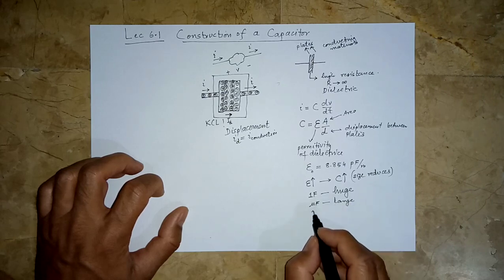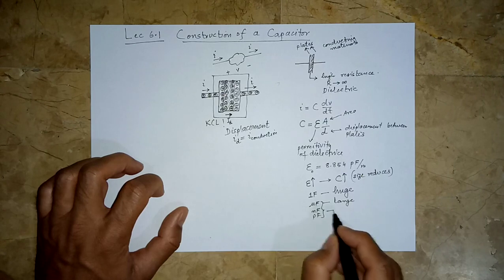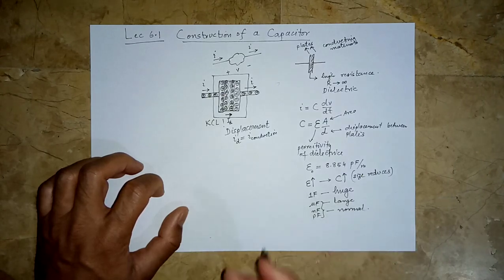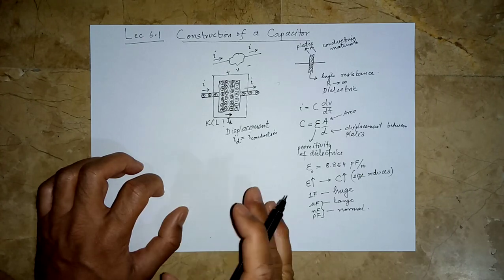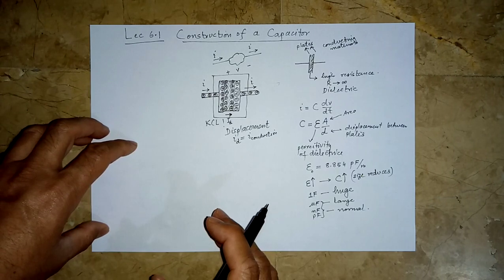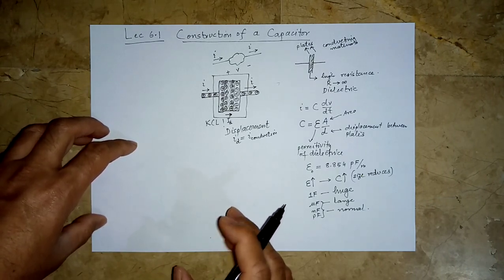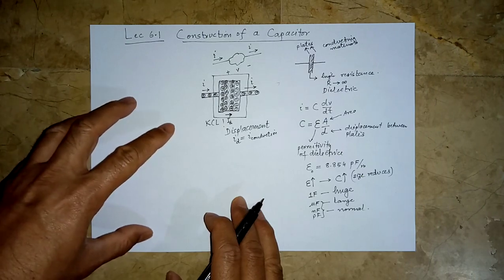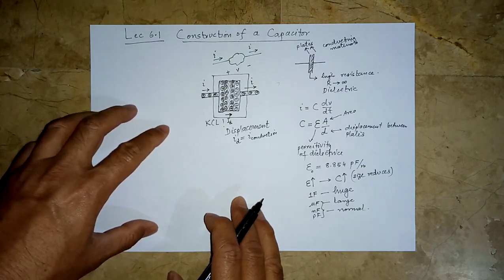We typically deal with nanofarad, a few microfarad and picofarad capacitors, which are more normal size capacitors. You can look in the book for a picture, or in the lab you can see these capacitors being used. Okay, so this is a little bit about the construction of a capacitor.